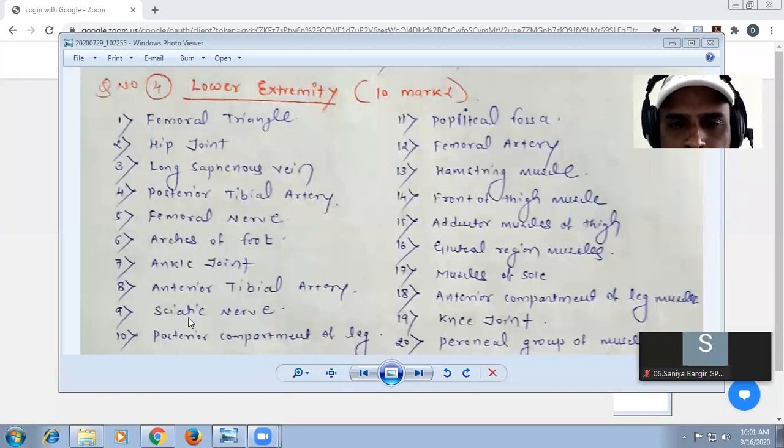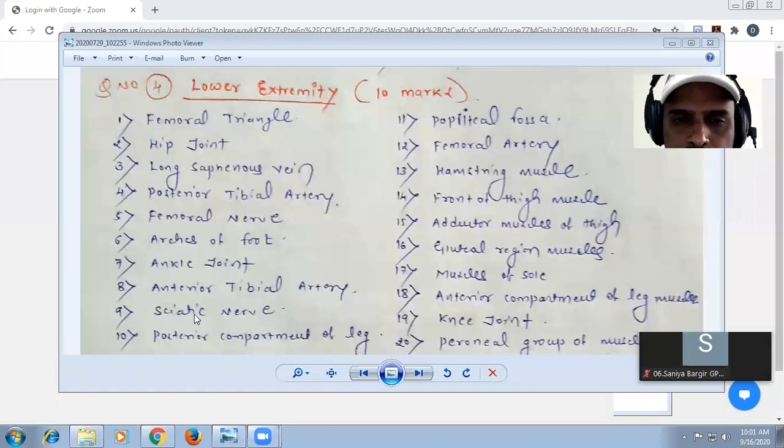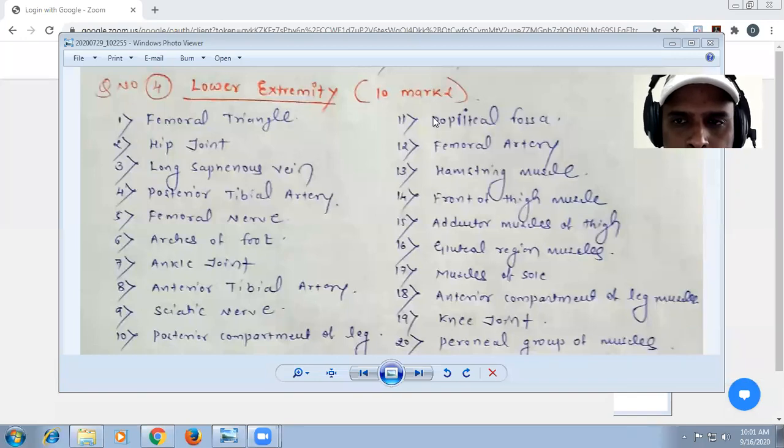It divides into the tibial and common peroneal nerves. Its root value, its course through the sciatic foramen, then in the gluteal region and in the thigh, you have to write about the relations and course. The sciatic nerve is very important and commonly asked, so you have to know almost all these things.